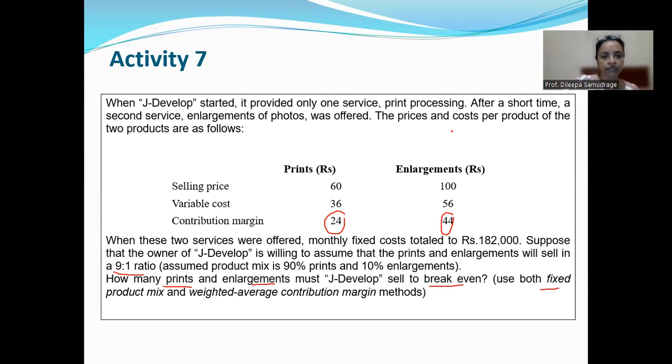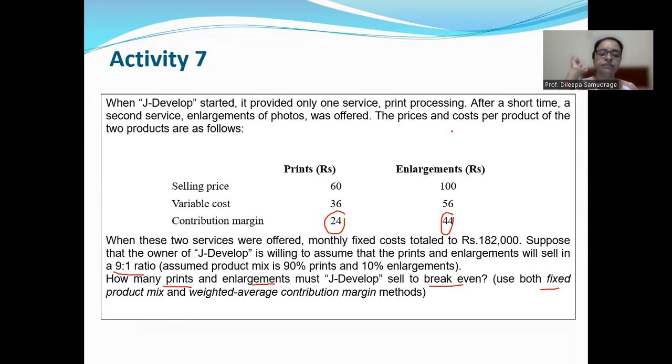Okay, so there is an answer. Prints 630, enlargements 30. So 700 packages, 700 packs, okay?